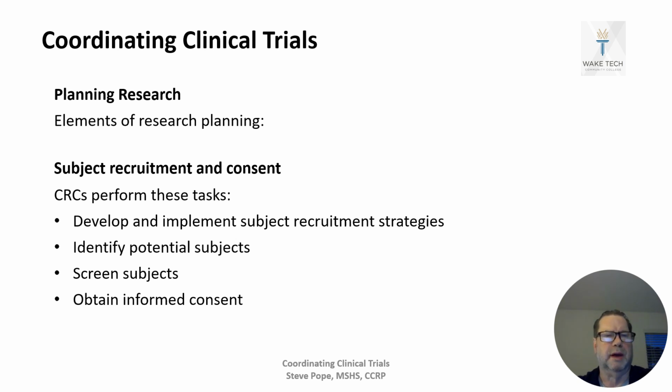So let's talk about subject recruitment and consent. Most of you probably know by now that many trials fail because they fail to recruit adequate subjects for the trial. So you're going to have a firsthand role in the recruitment of subjects. You may already have a database of subjects, maybe patients that your PI sees in his or her medical practice.